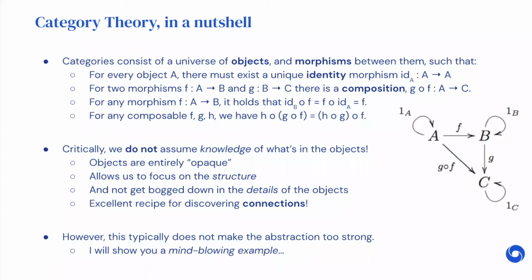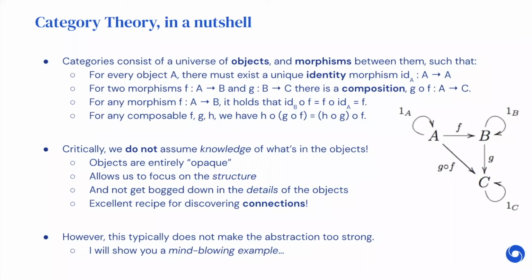So, in a nutshell, category theory concerns itself with the study of categories, which are essentially collections of objects, and then you have morphisms that connect pairs of objects. So it feels a lot like a directed graph, right? And there are a few simple rules that these arrows must satisfy. There must be a unique identity arrow for every object.